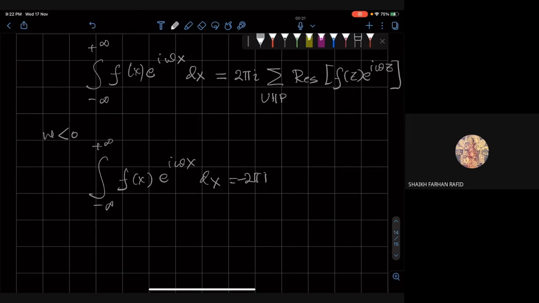Okay? And because of minus infinity to plus infinity, you have to change the orientation of the contour. And that is going to be given by minus 2 pi i times the sum over the lower half plane of the residues of f of z e to the power i omega z. Okay? So this is Jordan's lemma.